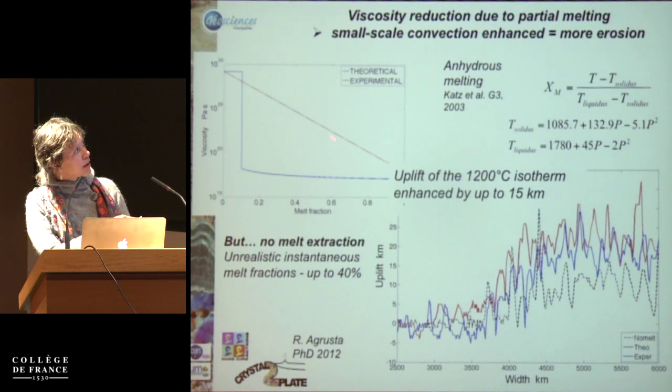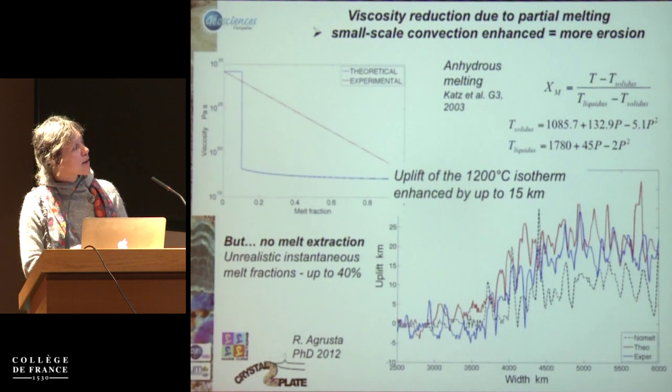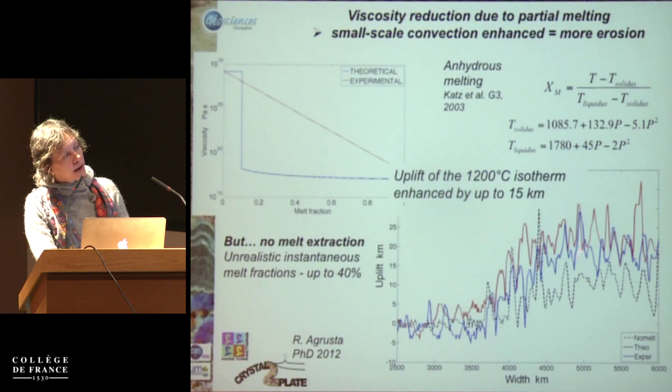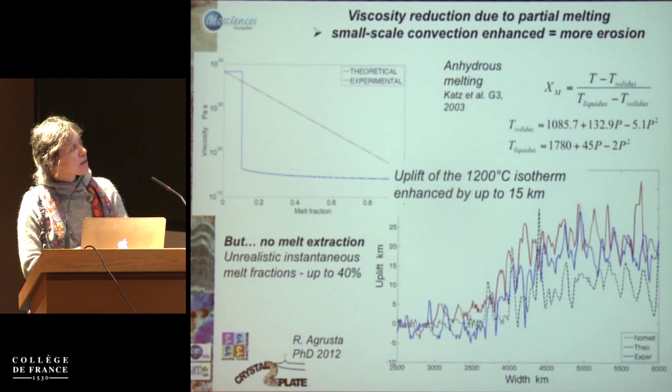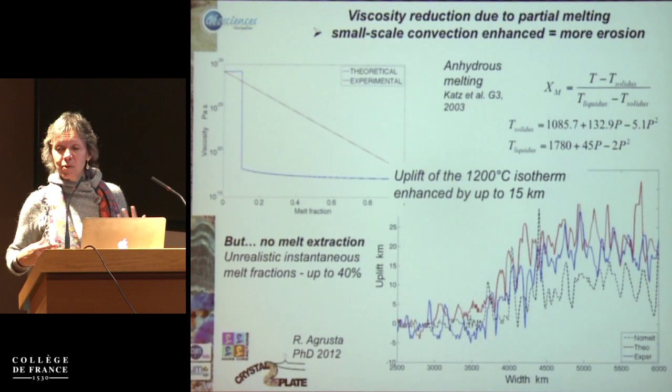Here is a linear variation of viscosity, here a step-like variation of the viscosity. If you compare with a model with no melt, this is the uplift of the 1200 isotherm. You see that we enhance the uplift of the 1200 isotherm by 5 to 10 kilometers when you put melt in the system. Yet these models have up to 40% melt, so quite a lot of melt.